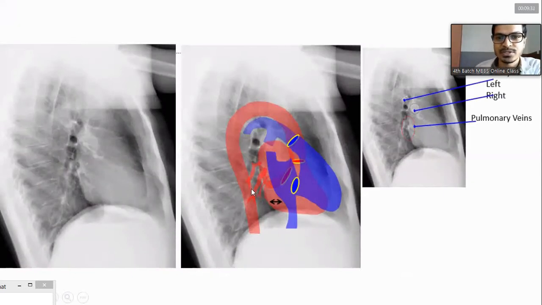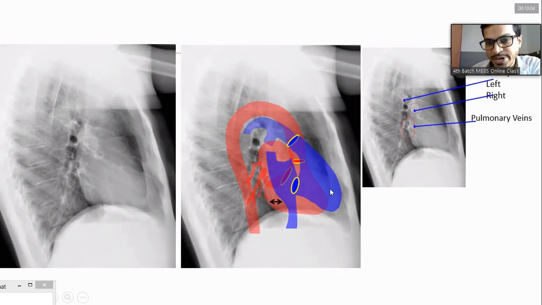Now let's revise the lateral view of the chest, and then I will recall the structures. Anteriorly is the right ventricle, and this is the right atrium. Similarly, inferiorly this is the left ventricle, and superior to the left ventricle is the left atrium. Always keep in mind that the right chambers of the heart are completely anterior in comparison to the left chambers of the heart, while the atrium is superior in comparison to the ventricle.